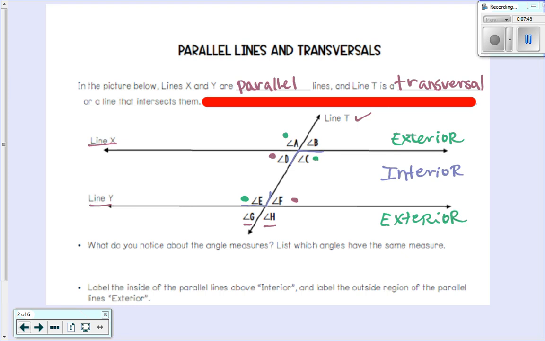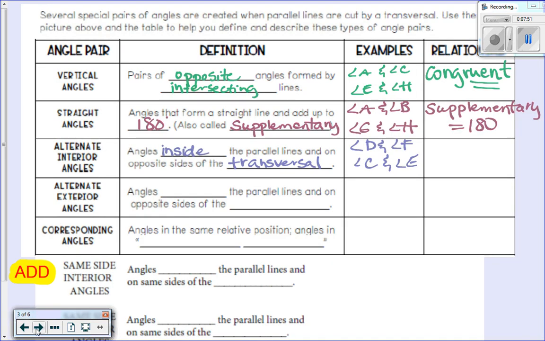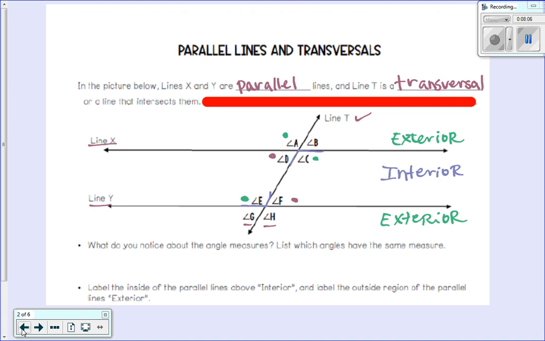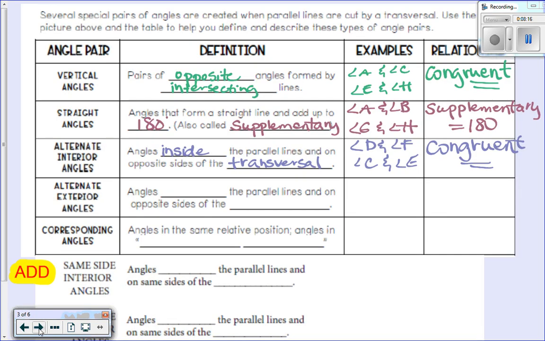So they are congruent. Got it. Now I'm going to put an equal sign. When you identify that relationship, you know that they are equal, right? Because we know angle C and angle D are supplementary, right? They are not congruent, right? All right, what's our next vocabulary word?